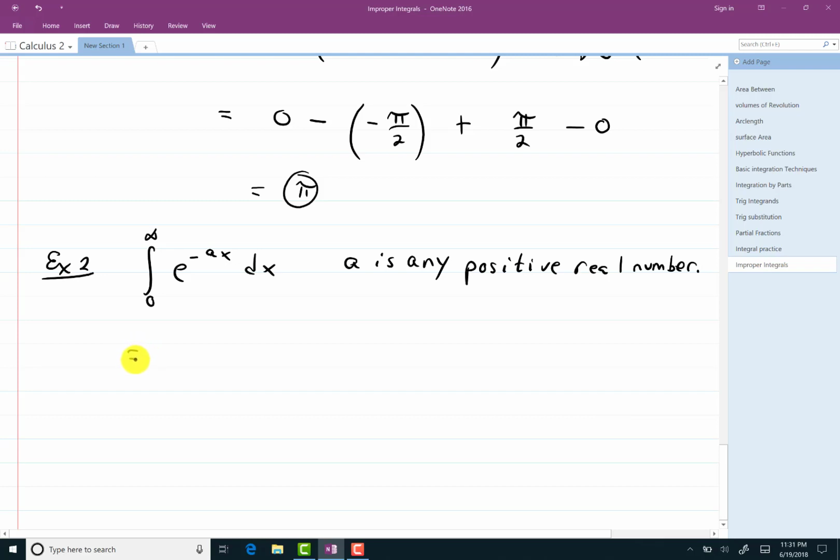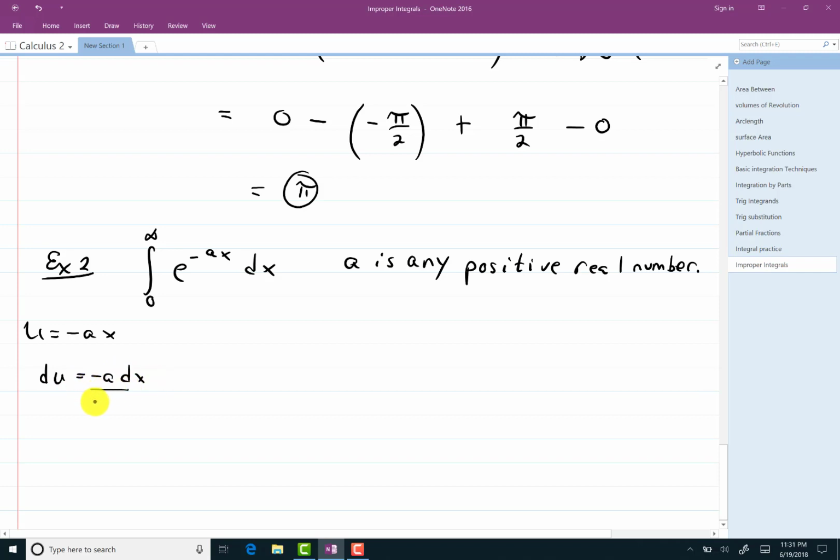So accordingly, when you take the antiderivative of e to the negative ax, I don't think I need to do it, but I will. u is going to equal negative ax, and then du will equal negative a dx.